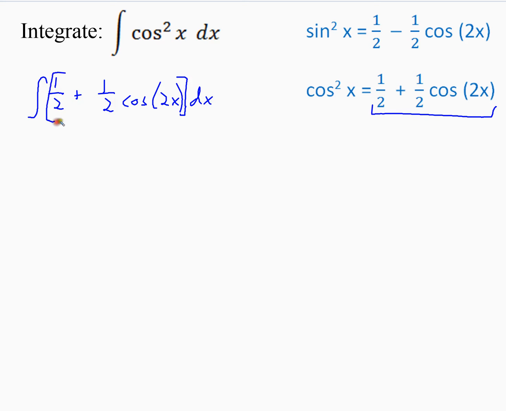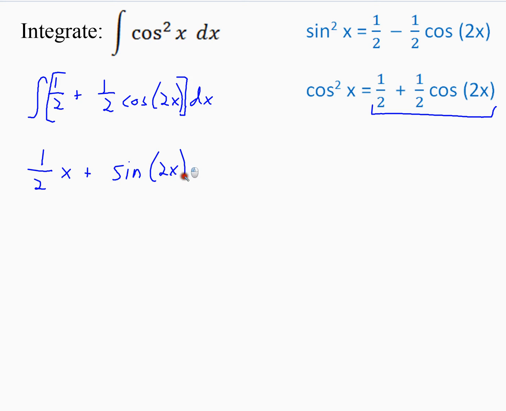And now we can integrate that. We're integrating a sum, so we can just integrate the parts. So the integral of 1/2 is just 1/2 x. Our next part, the main function here is a cosine function, so the integral of that is sine. So we'll put sine of 2x.